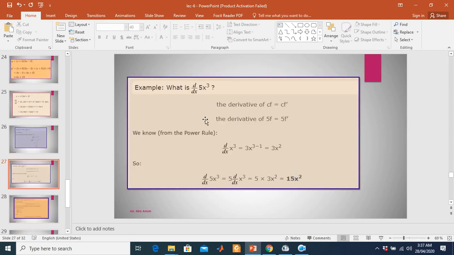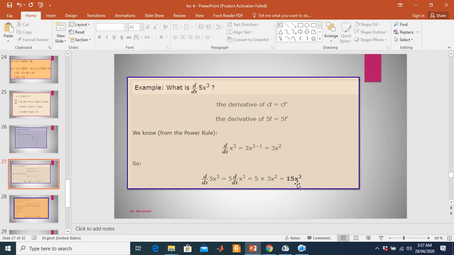We have another example, d over dx of 5x cube. We are using the power rule: x cube gives 3x power 3 minus 1, which is 3x square. Now multiply by the constant c: the derivative of c f(x) equals c f prime of x.